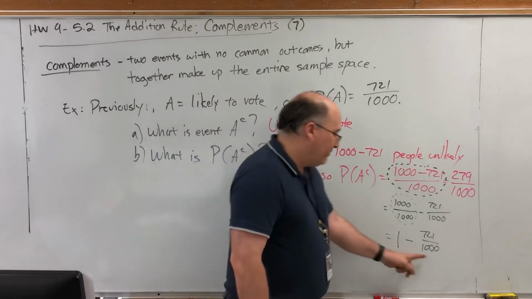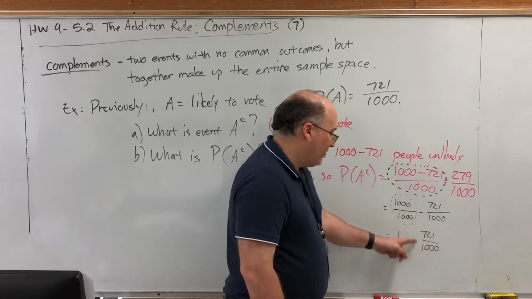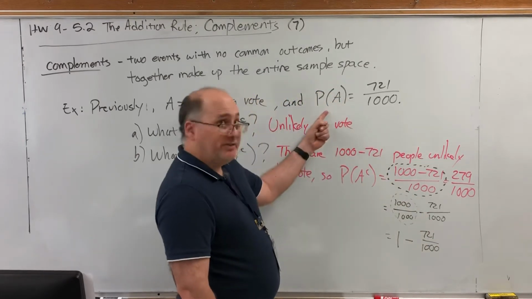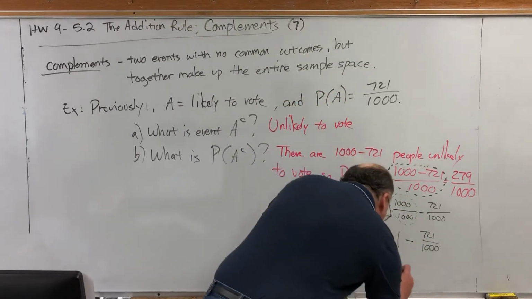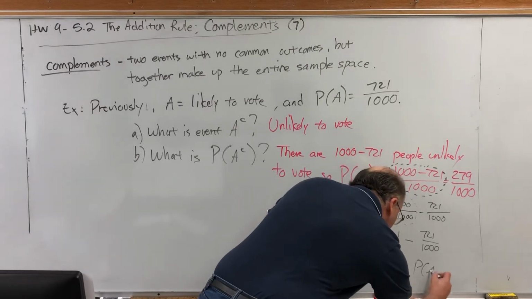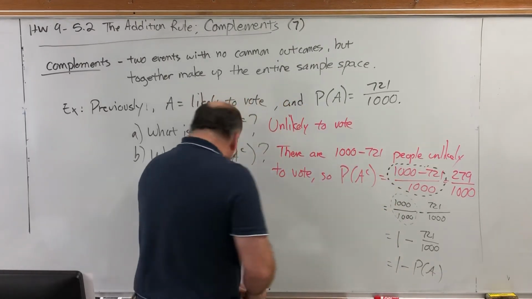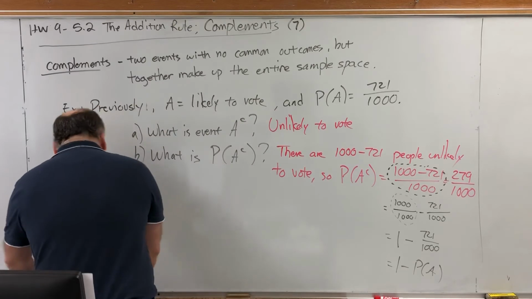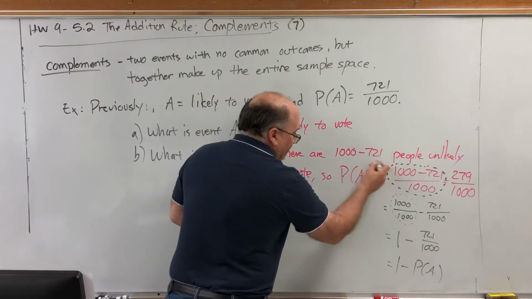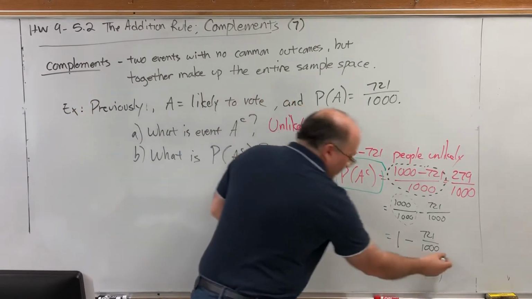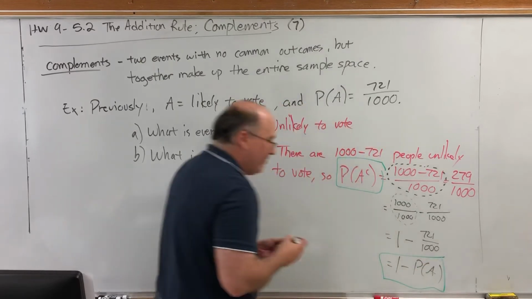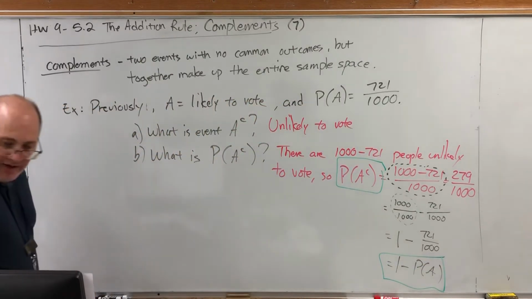But wait a minute, isn't 721 out of 1,000 just the probability of the original event? And from this example, we can extract a rule. The rule's kind of embedded, but it basically says the probability of a complement is 1 minus the probability of the event. Don't worry, I'm about to write it on the board.